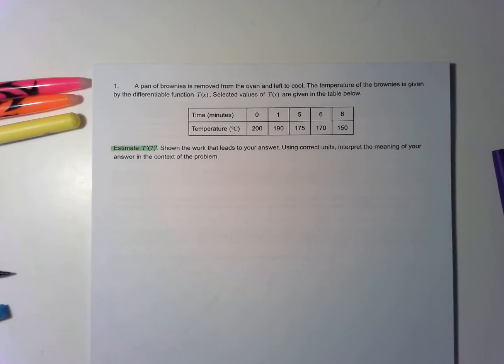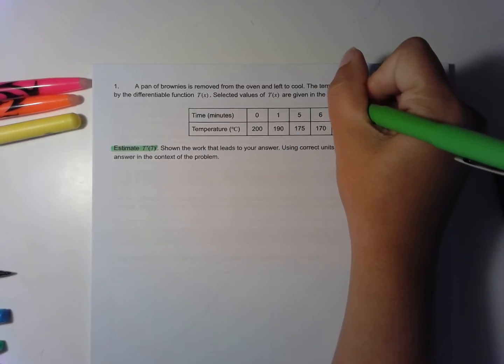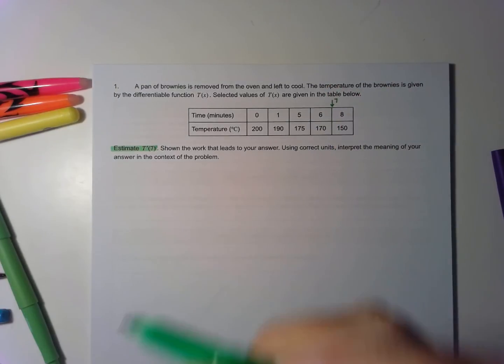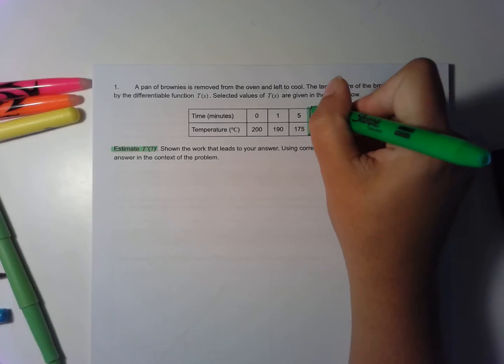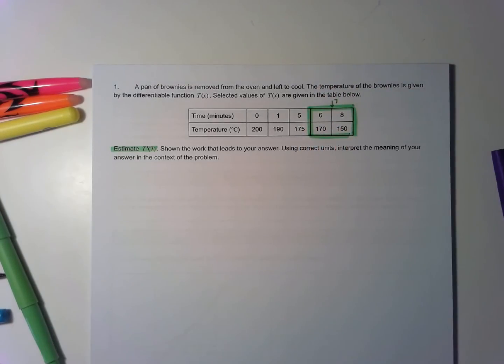To estimate t prime of 7, I'm going to start by figuring out where the 7 would fall in this table. In this case, the 7 would fall between 6 and 8. So I'm going to find the slope between these 2 points in order to calculate that derivative or estimate that derivative.